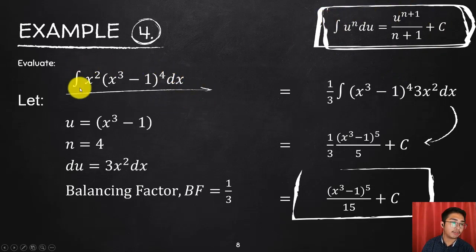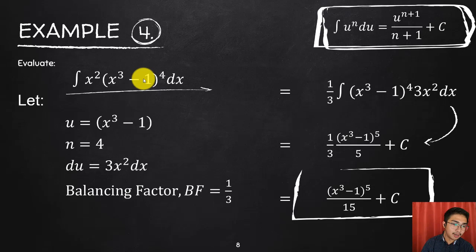First, check if you can simplify the problem using the properties of indefinite integrals. You can try to distribute dx and the integral sign. However, as I've mentioned a while ago, if the parenthesis has an exponent, you cannot distribute the integral sign and the differential. So that property cannot be used here, unfortunately.